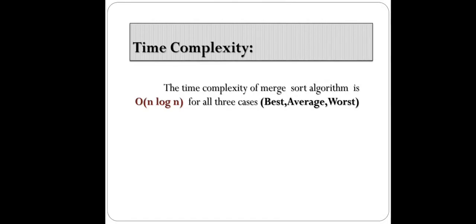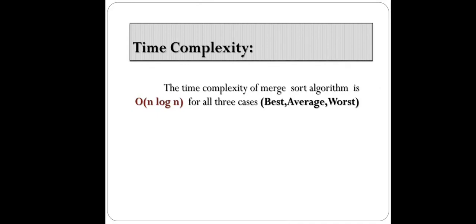So where is the merge sort algorithm used, that is, what are the applications of the merge sort algorithm? It is useful for sorting linked lists and external sorting. It also has some drawbacks, that is, it requires additional memory space for a temporary array, that is, we have taken an auxiliary array in our algorithm.